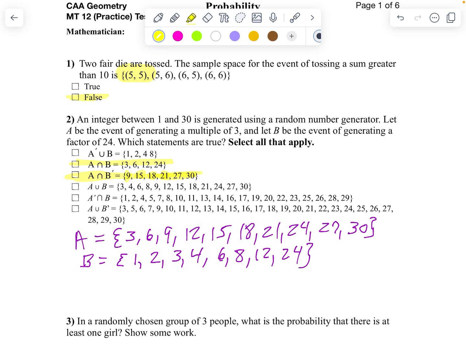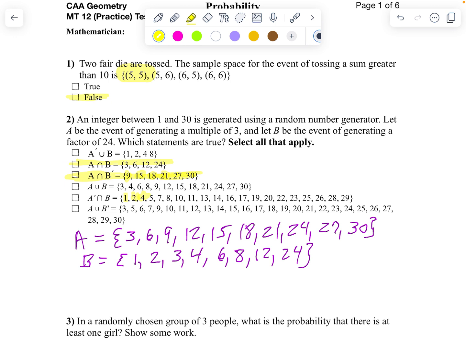I'm going to highlight these because this looks to be good so far. I've got 3, but that's in A, so I don't want to include that one. 4 is in B and it's not in A. But then I've got 5. Is 5 in B? No, it's not. So that one's not correct.